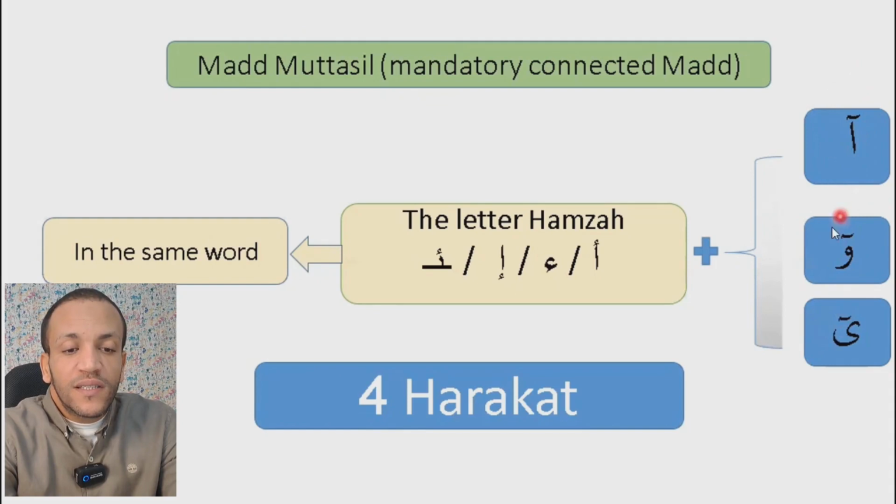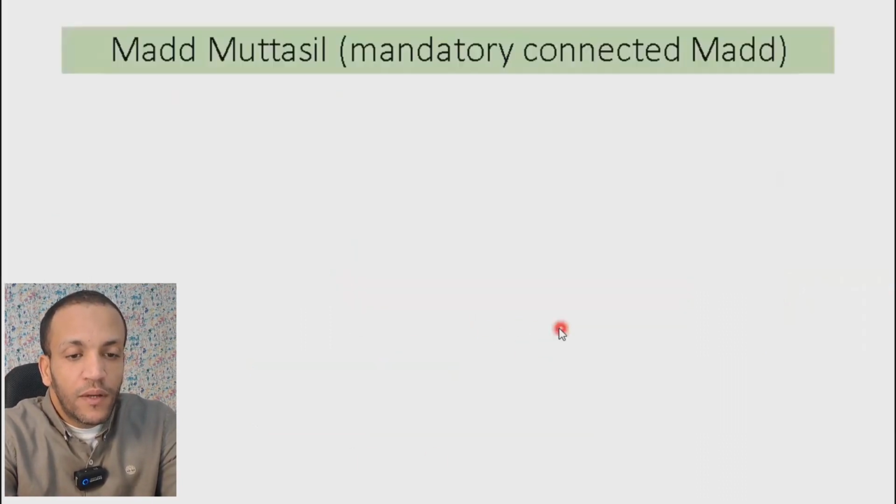We are going to find this sign in other sections of Madd. So to know which section of the long prolongation, just look at the following letter. If the following letter is Hamza, this is Madd Muttasil and must be prolonged 4 harakat. Let's go to some examples.